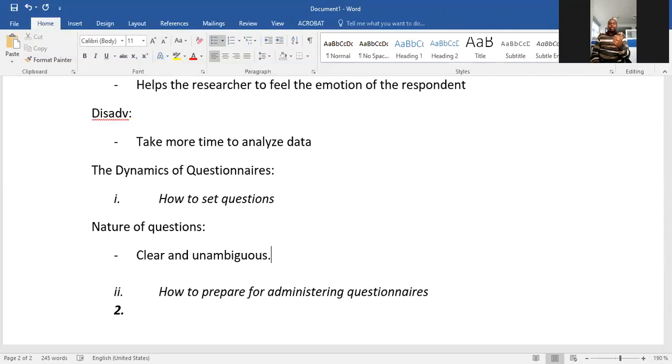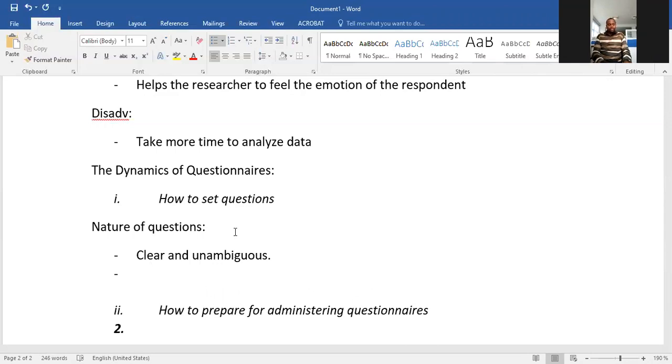Clear questions are very much enhanced by having questions that are not too short and not too long. That's another concept that makes questions clear and unambiguous. A question should not be too short or too long. Too short may not tell the respondent what to answer, because it may not be detailed enough.